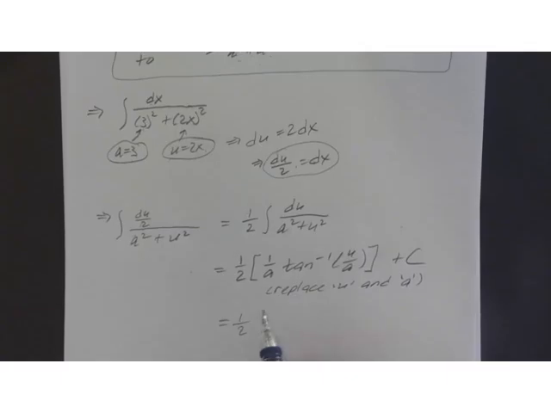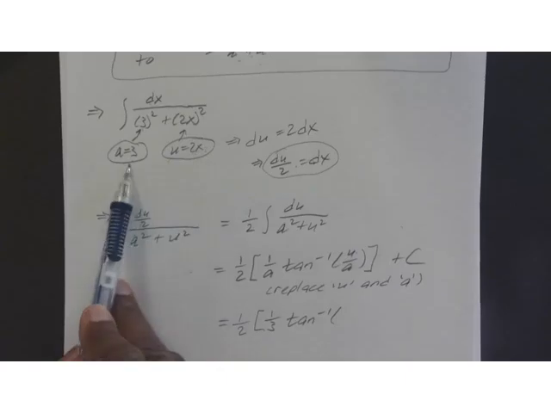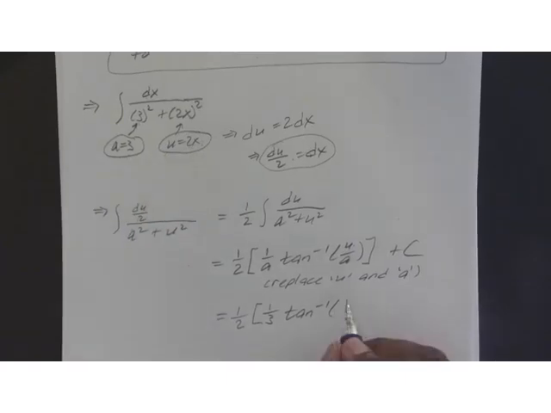So we have 1/2 times 1 over a. A is equal to 3, so that becomes 1/3, times tangent inverse of u divided by a, so that's 2x divided by 3, plus c.